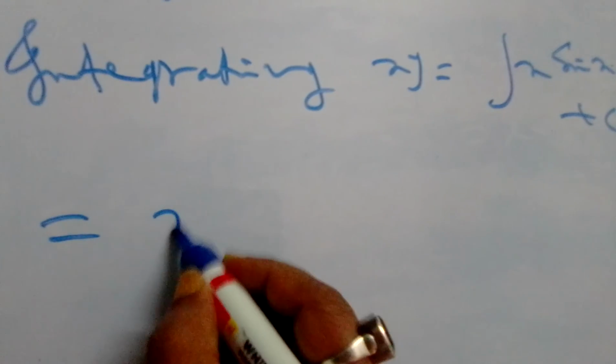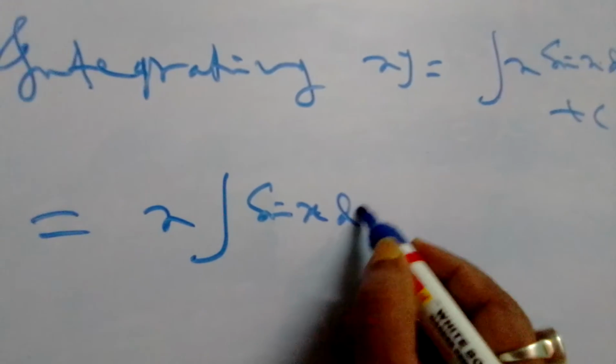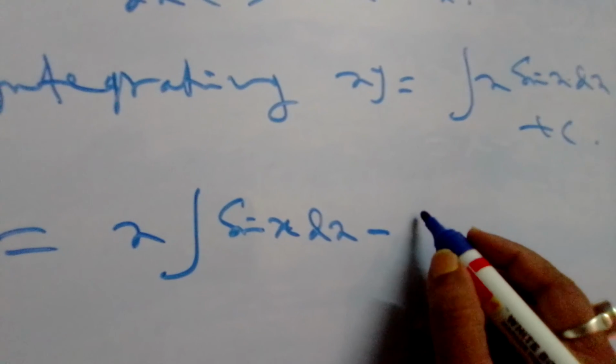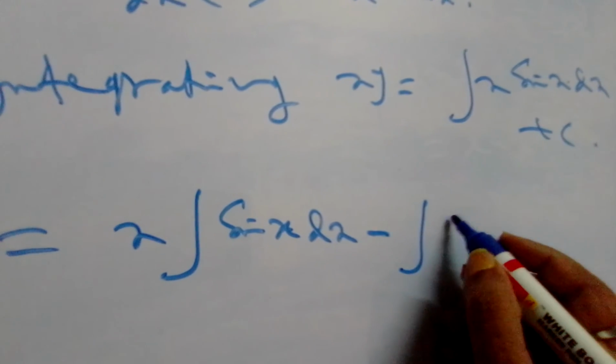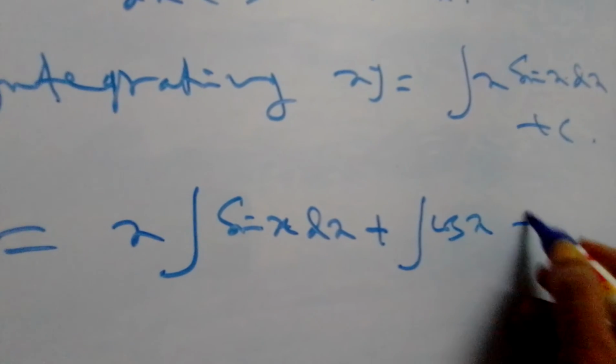So first function times integral of the second, minus derivative of the first, that is 1, and integral of the second, that is cos x, plus c.